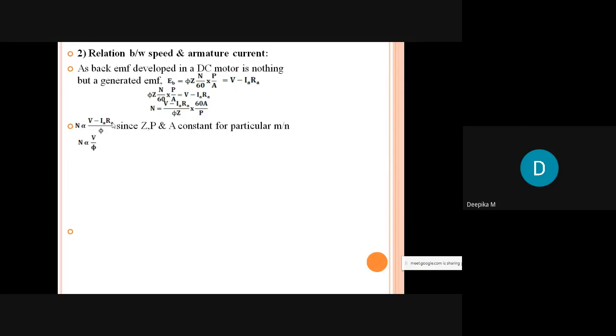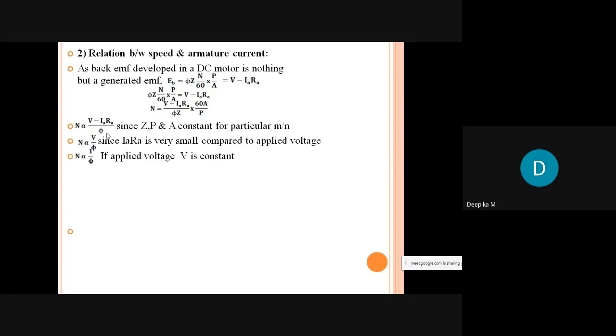Then usually the armature drop, what we are calling I_a R_a, is usually negligible, or very small with respect to the supply voltage. Hence I can write it in this way, because I_a R_a is very small compared to the applied voltage. And you know that for a particular system the supply voltage will be constant, correct? Hence what can I write?